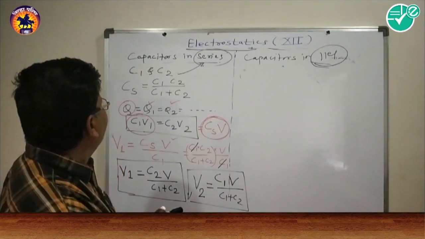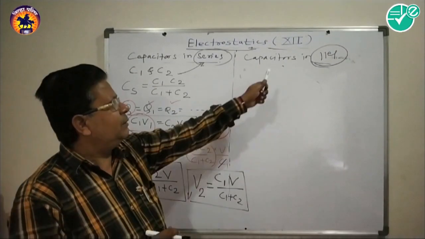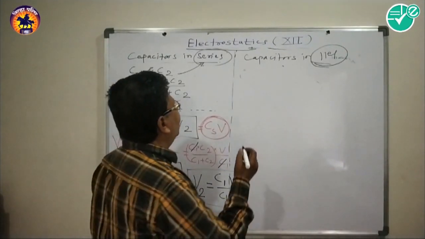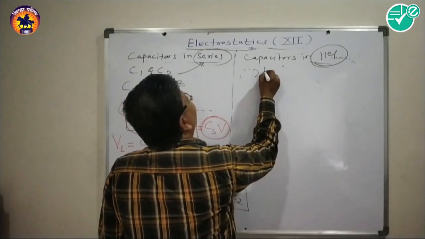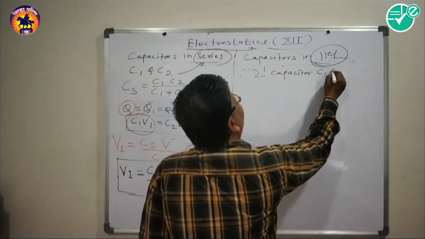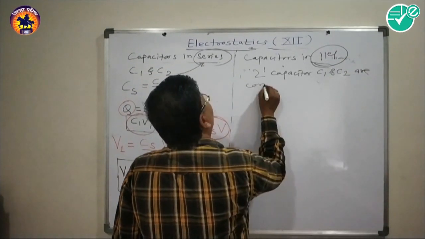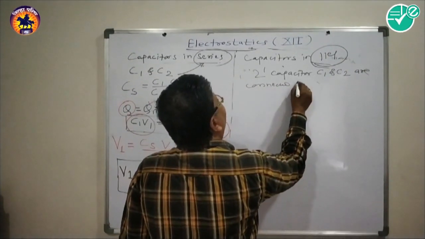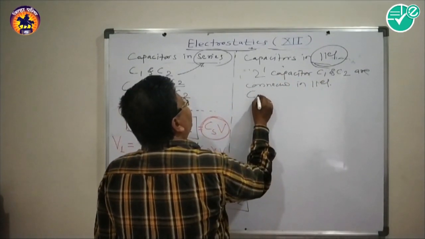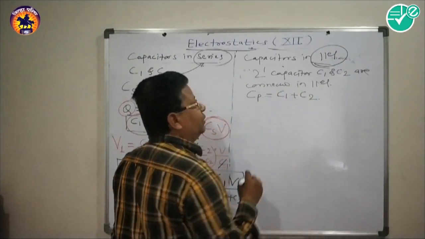Again, the same can be explained in terms of capacitors in parallel. So when two capacitors C1 and C2 are connected in parallel, then the equivalent capacitance Cp is equal to C1 plus C2.